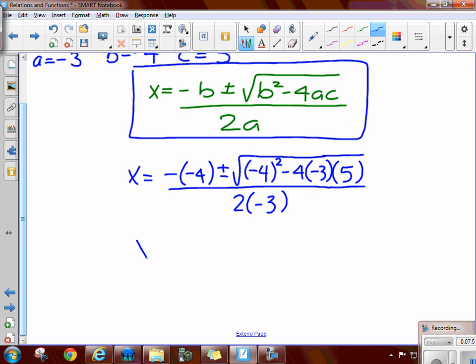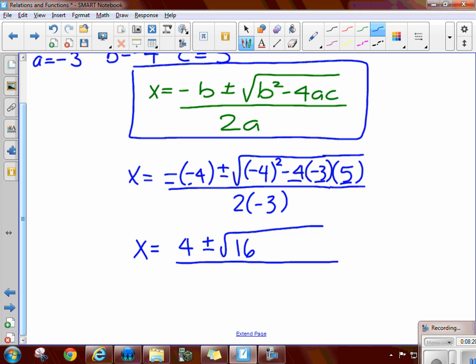Now it's a matter of just using our calculations to get this down to some numbers. So the first part, I have negative 4. That turns out to be a positive 4. Plus or minus, now I have negative 4 squared, which is negative 4 times negative 4. That's a positive 16. Now I look at these other multiplications. I have negative 4 times a negative 3. Well, that's a positive 12.